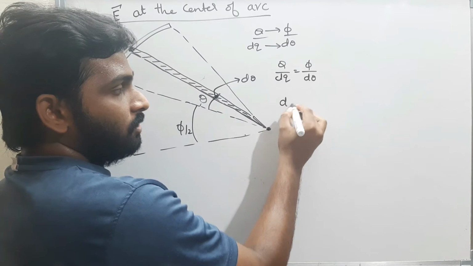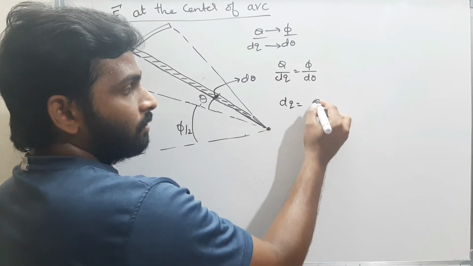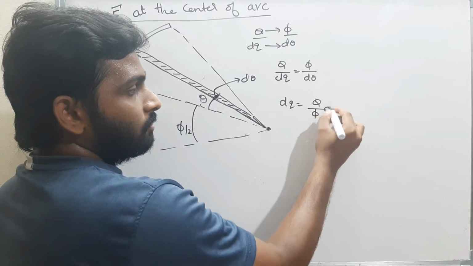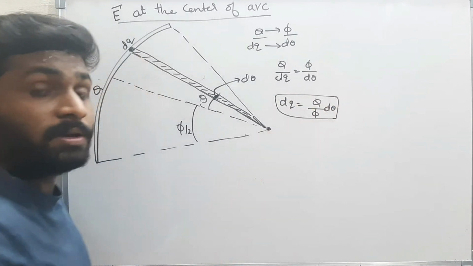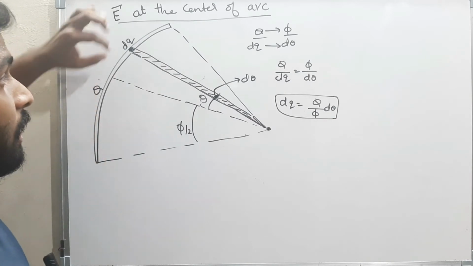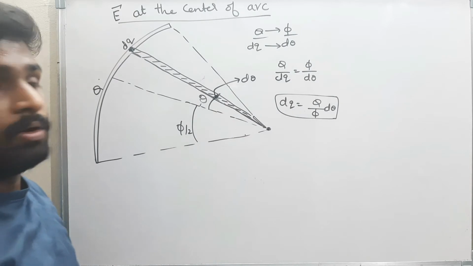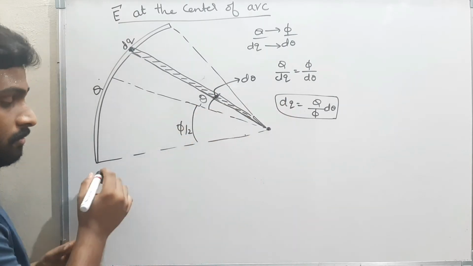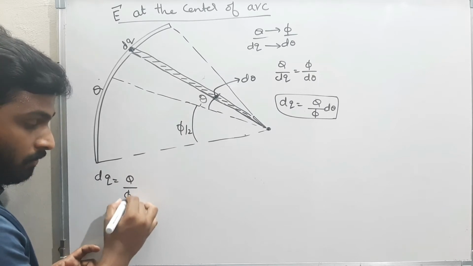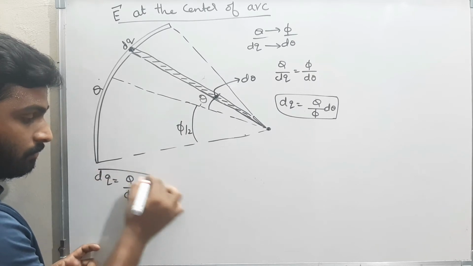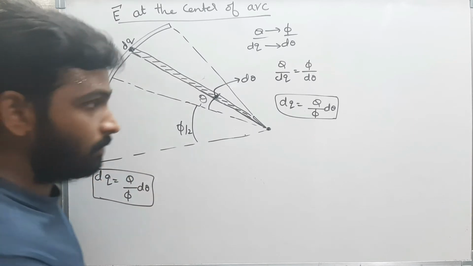Therefore dq is equal to q by phi into d theta. Now I have got the charge present in this small arc.